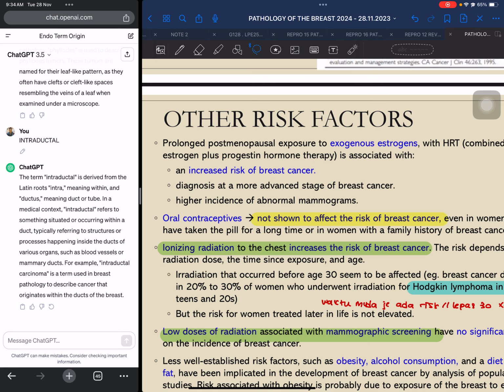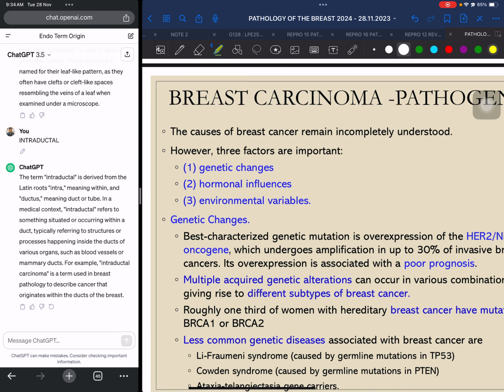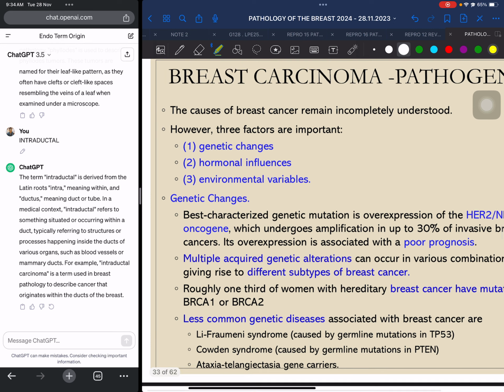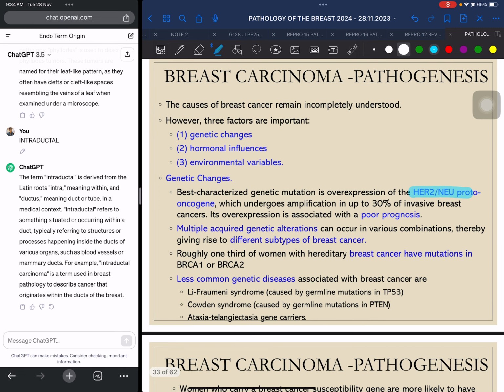So pathogenetically, how does this breast cancer occur? You need three things that are important in the development of breast cancer. There will be some genetic changes, some hormonal influences, and also environmental variables. So talking about genetic changes, again we have mentioned the HER2 oncoprotein.